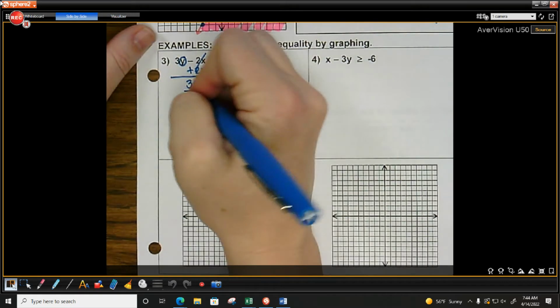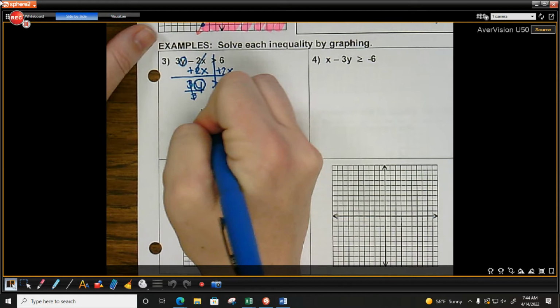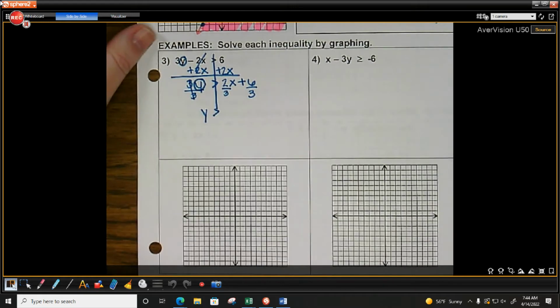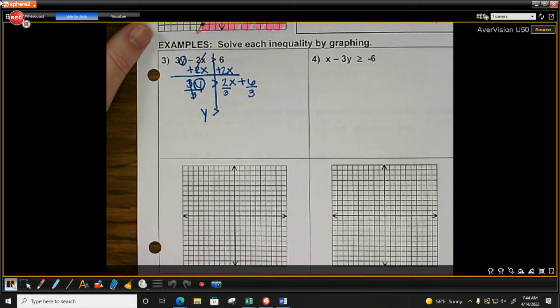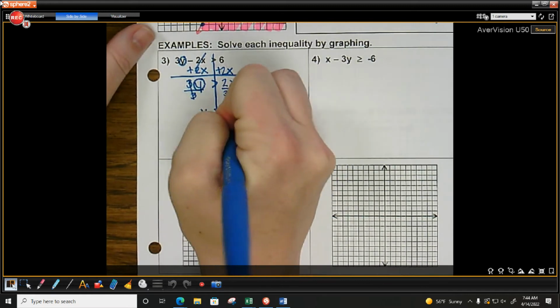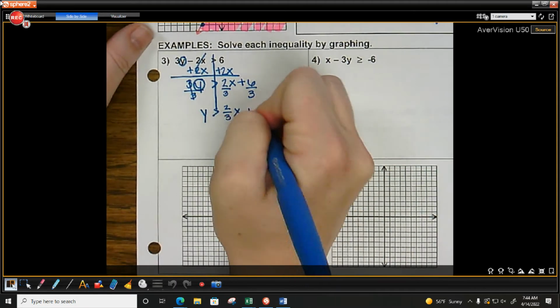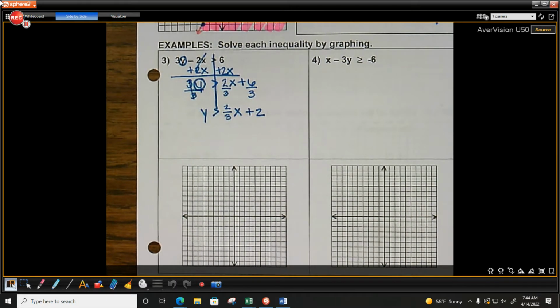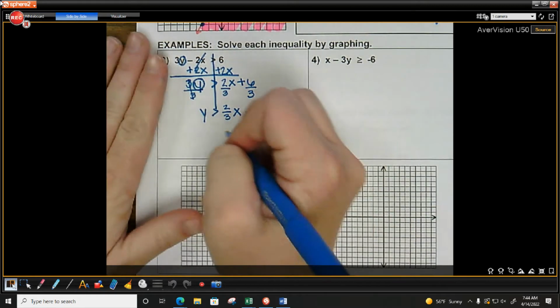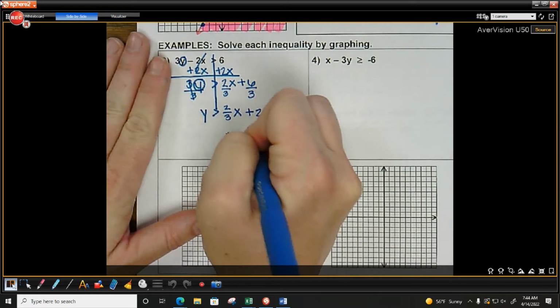So the 3 over 3 cancels, and I get y is greater than. Does 2 over 3 simplify? What's 6 divided by 3? 2. So is this now in y equals mx plus b form? Yes, what's my m? And what's my b?